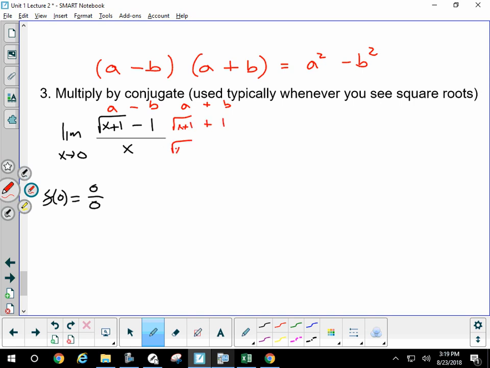Make sure you multiply the top and the bottom, or else you'd be changing what you have. We can multiply things by a version of 1. Anything times 1 is itself. All we're going to do is make it look different. Okay, after we multiply, we get a squared minus b squared.